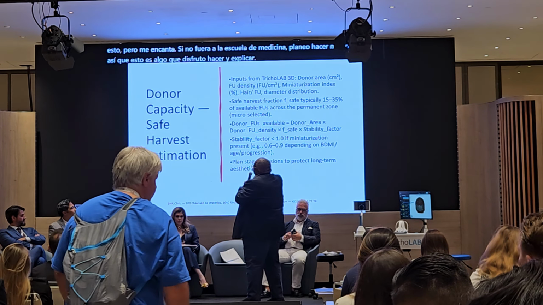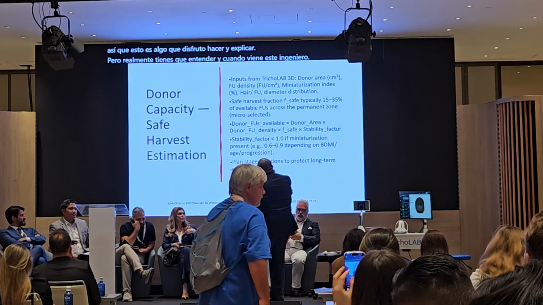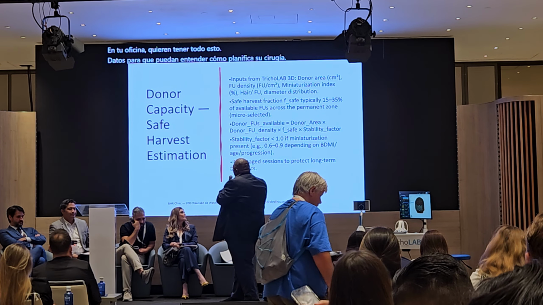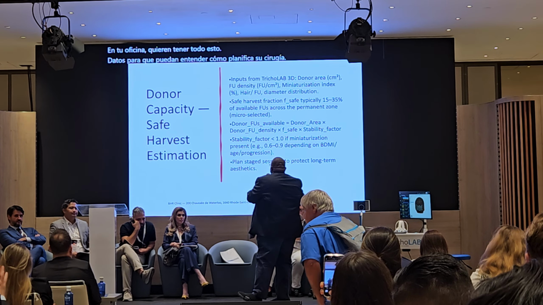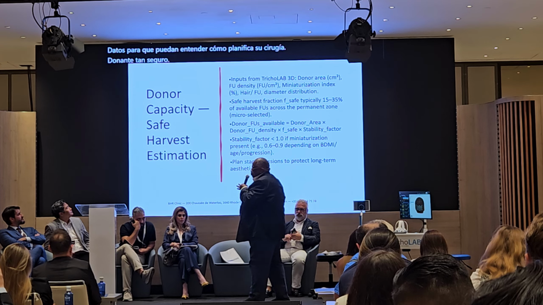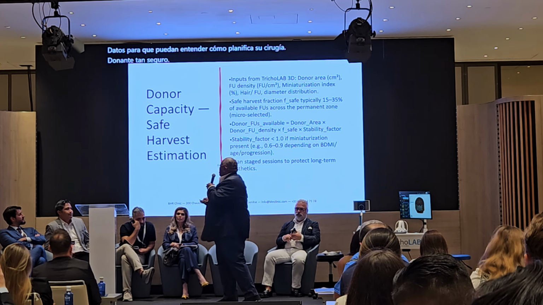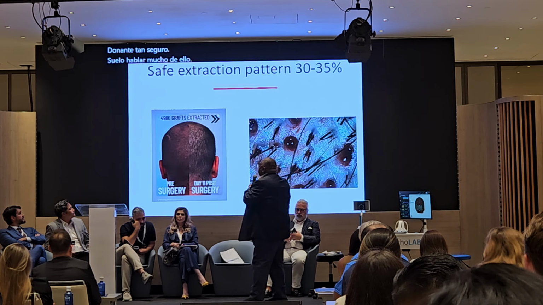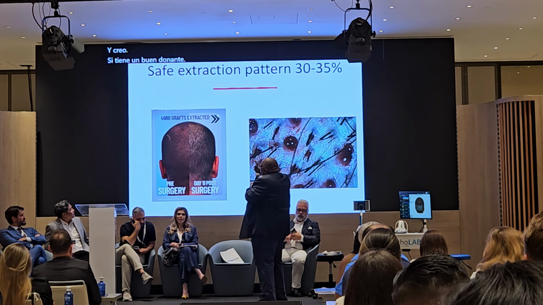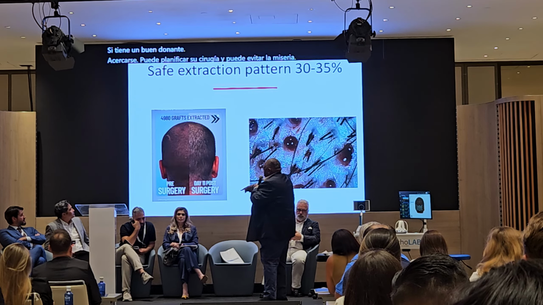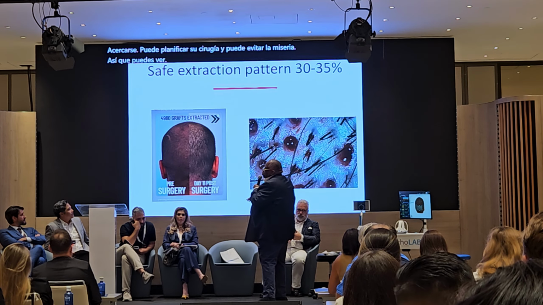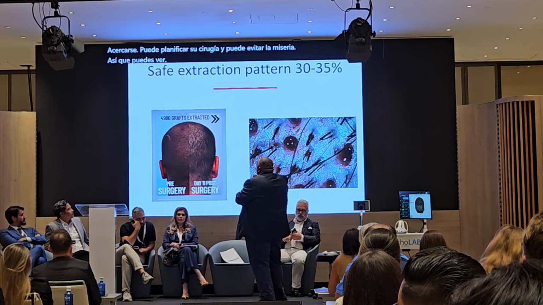So, safe donor, I usually talk a lot about it, and I think if you have a good donor approach, you can plan your surgery and you can avoid misery. So you can see, you can take 4,900 grafts in a single patient and not have that window because you spread the extraction.